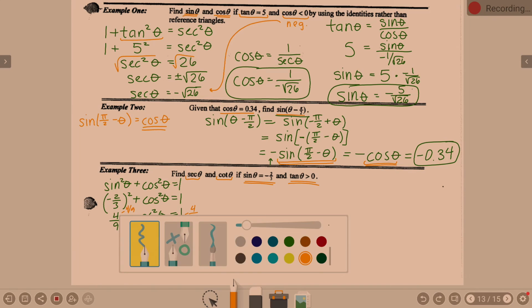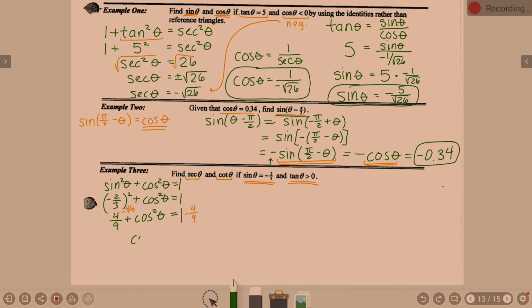Now I have cosine squared theta equals 1 minus 4/9. What is 1? 9/9. 9/9 minus 4/9 is 5/9. We've got that basic fraction piece down now? Okay. If cosine squared theta is 5/9, we're going to square root that.